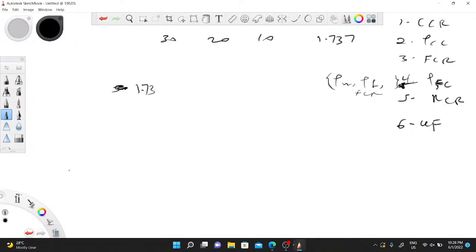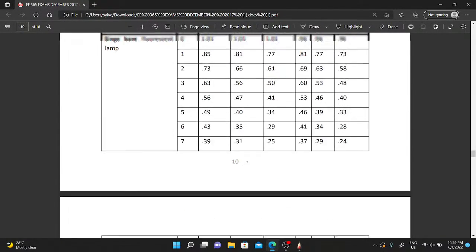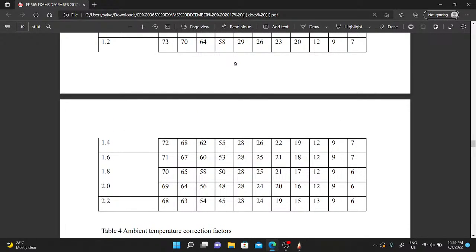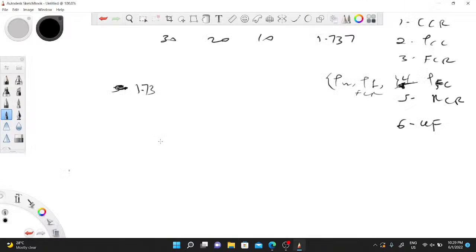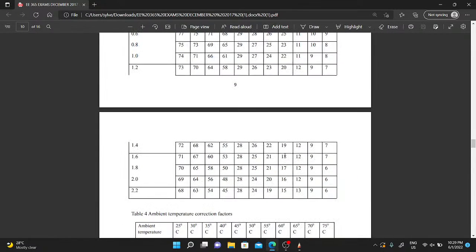So 1.73. In the first table, 1.73 is between 1.6 and 1.8. So let me minimize this so we can read it.